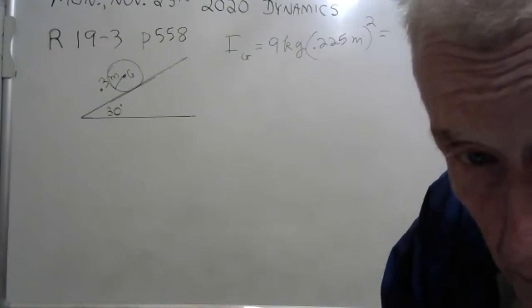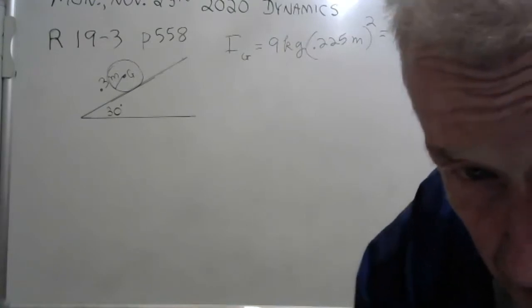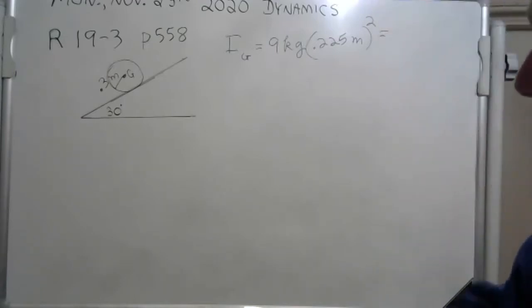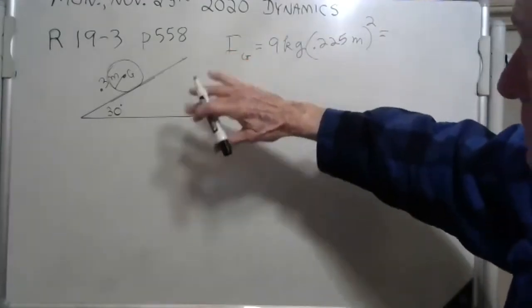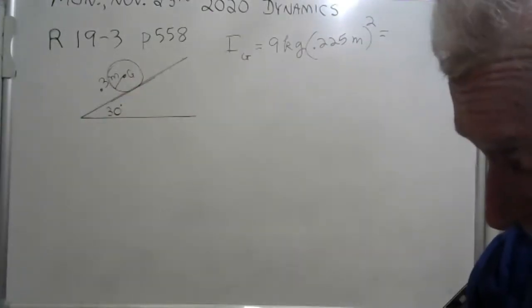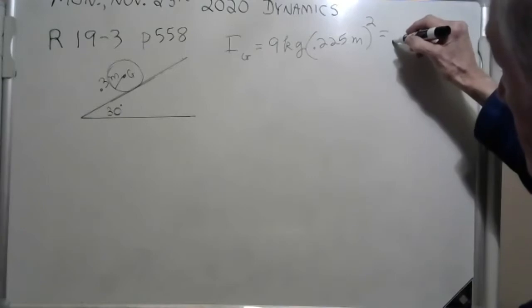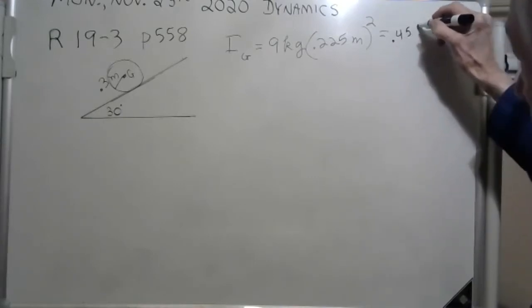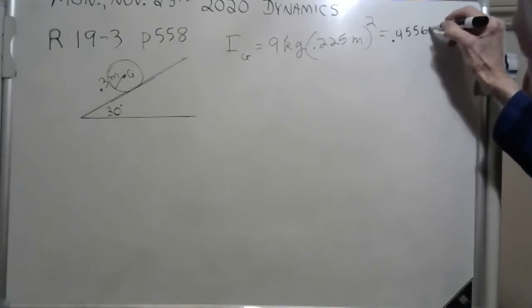Oh, well, we'll pick on Stuart. He's next to the bottom on my list. Stuart, what'd you get for the moment of inertia about the center? I got 0.4556 kilogram meters squared. That's what I got. Good going, Stuart.